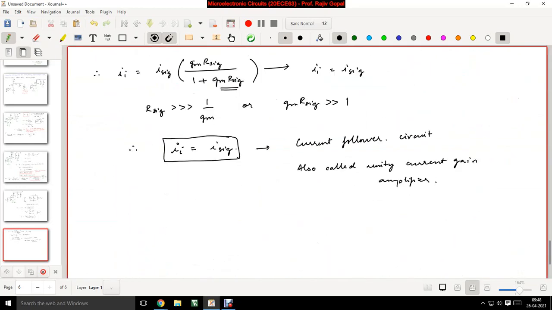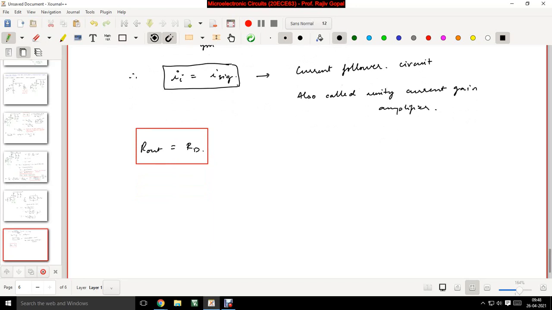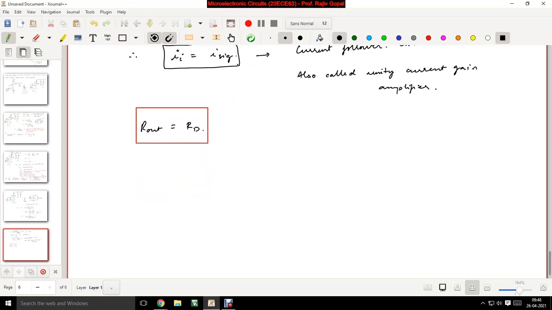So R out is actually RD, and if you look at this entire circuit as one block, this is one block, right?